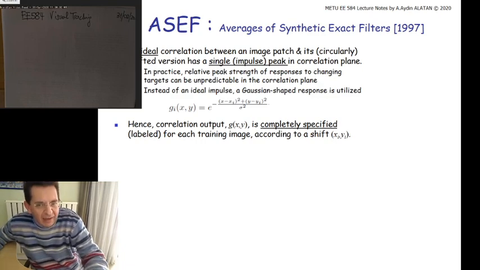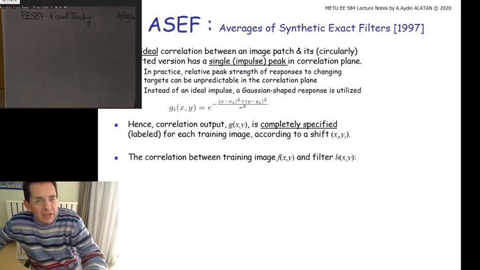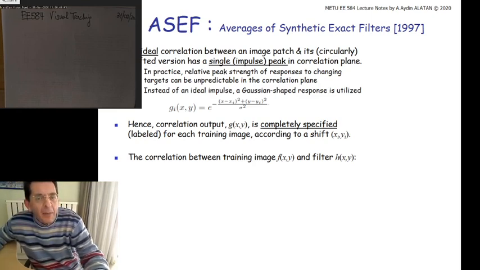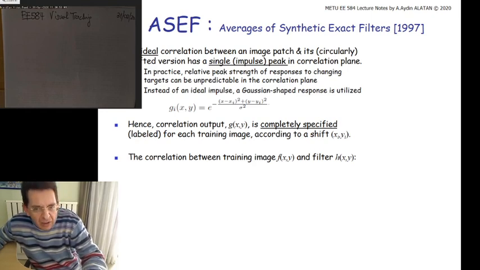This is a training data. And what I'm going to do is take the correlation between the training image, f of x,y, and the unknown filter that I'm trying to find, h of x,y. I'm going to make a correlation, a convolution between them. Then I want this response to be a Gaussian where the peak is correctly located here.